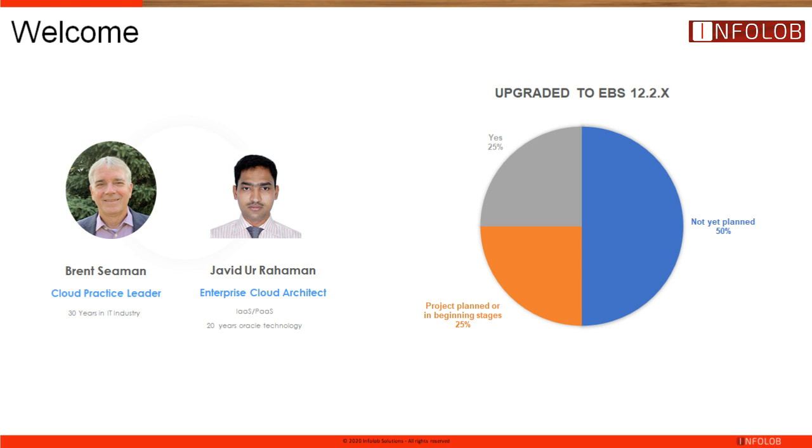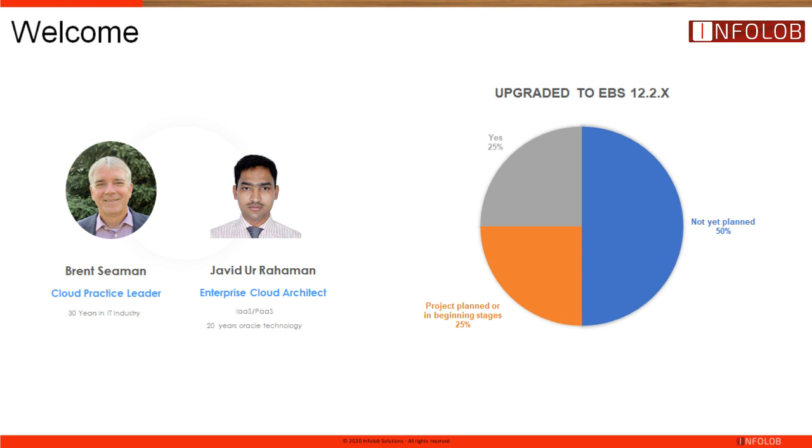50% of you said you haven't planned the upgrade to 12.2 yet, and some are in the stages of planning it. One of the reasons I asked that question is that's one of the risks in the process, making sure that you can be on a supported version.